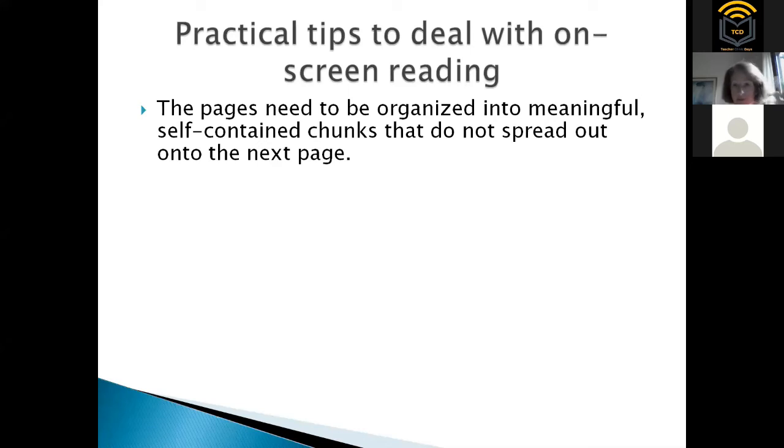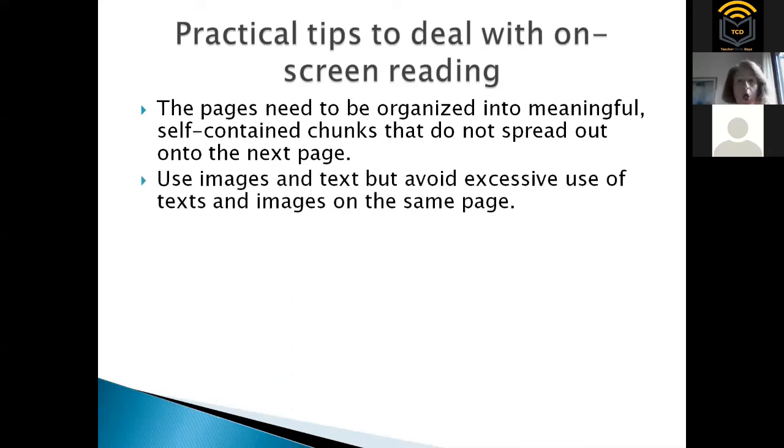And this will help the students read it more easily, and take advantage of all the hyperlinks that you're going to put. Now, use images. I said before, visuals are very important. You can actually have even your hyperlinks be images.